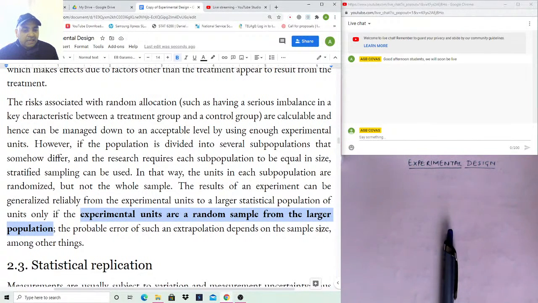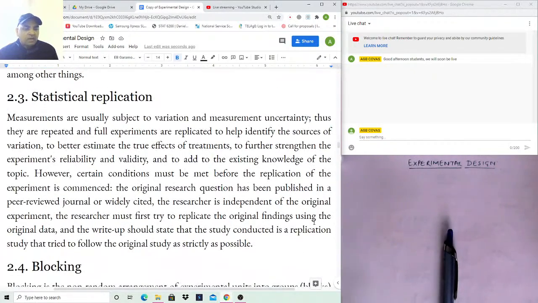The probable error such as in extrapolation depends on the sample size among other things. So sample size is also another factor, right? So randomization is one of the essences of the experiment. Unless you do that, you will not be able to have a check over the uncontrollable factors, right?